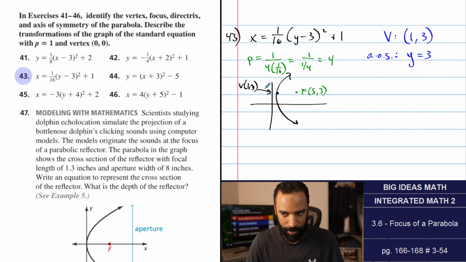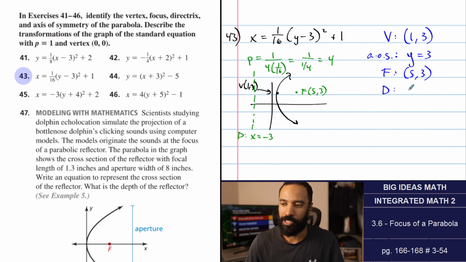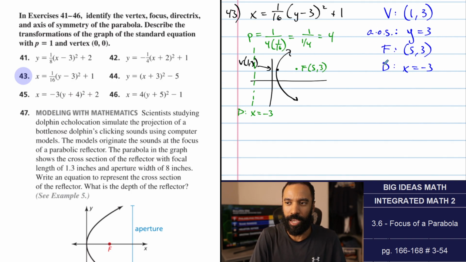It's at 5, 3. And your directrix is 4 to the left, and it's an x equals equation. It'll be x equals negative 3. So your focus is at 5, 3, and your directrix is at x equals negative 3. So those are those 4 guys right there.